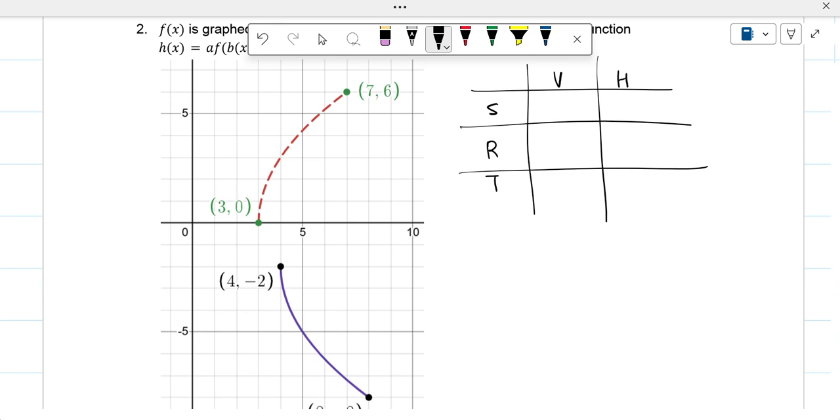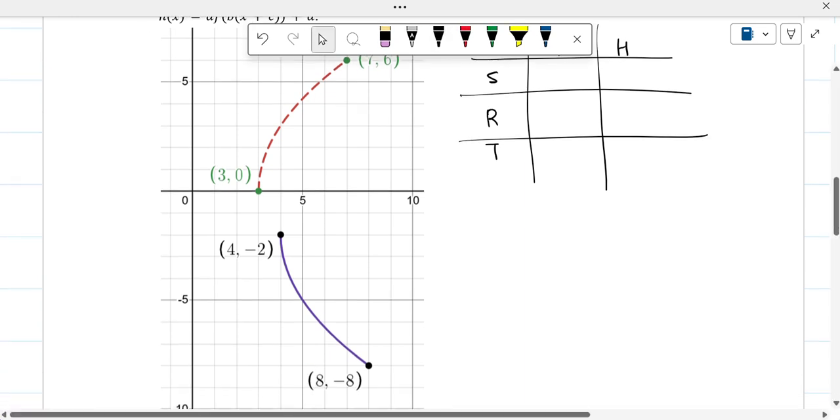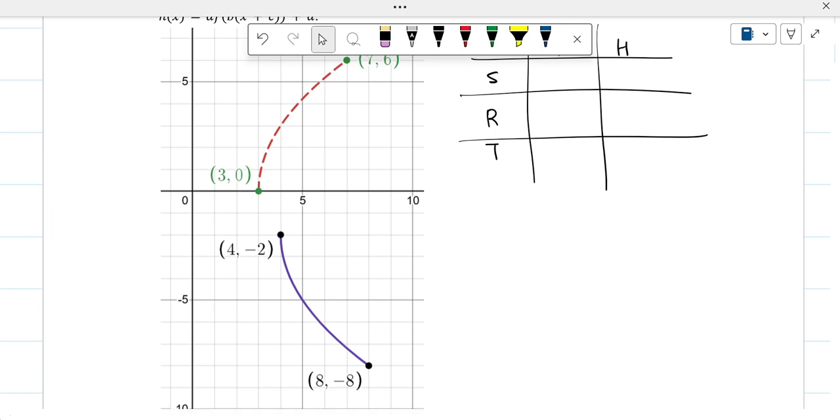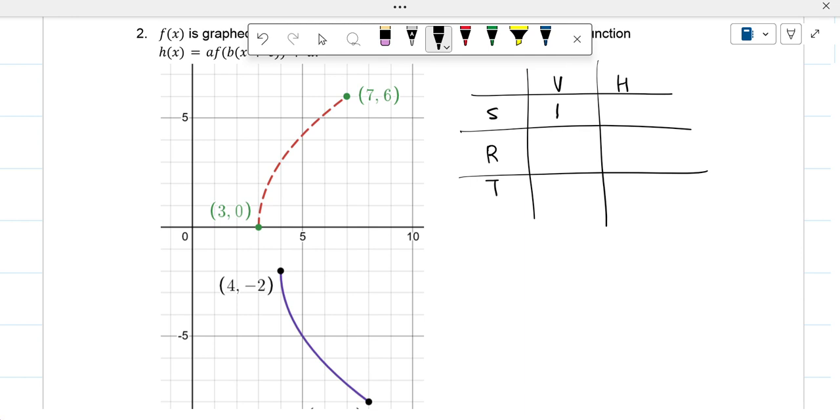The original graph, f of x, goes from 0 to 6 in terms of y values, and my new graph goes from -8 to -2. Both graphs have the range of 6. So what does that mean? Well, it means that the vertical stretch is none, so we should say 1 is my vertical stretch. Notice that for the stretch, no stretch means 1, and for translation, no translation means 0.